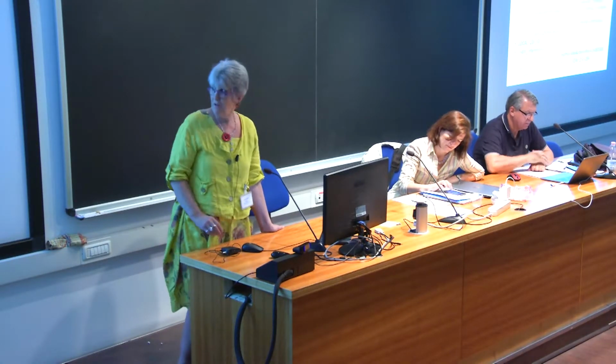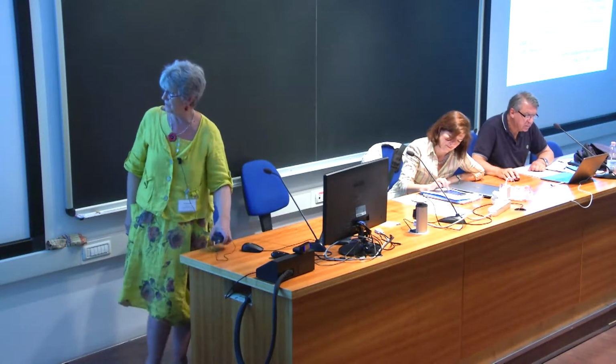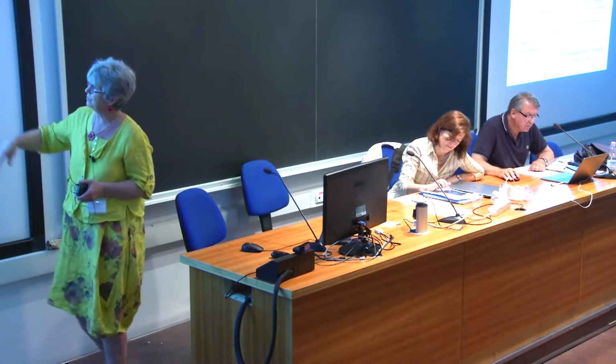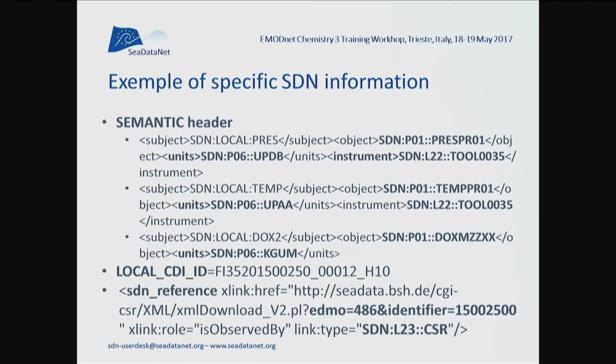So examples of this specific information in the CDataNet files are these semantic headers, which are the mapping between your parameter code in your files and the BODC parameter codes. And you have the local CDI ID, and you can also have, not mandatory, some references to external links, which are linked to the CDataNet infrastructure.